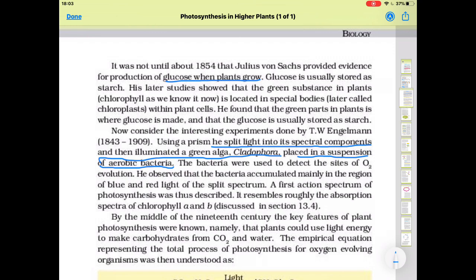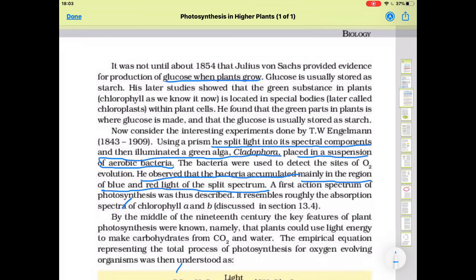He observed that the bacteria accumulated mainly in the region of blue and red light of the split spectrum. In the VIBGYOR light, red light is present, blue light is present. So these bacteria are present in the blue and red region of the spectrum. A first action spectrum of photosynthesis was thus described. It resembles roughly the absorption spectra of chlorophyll a and b.